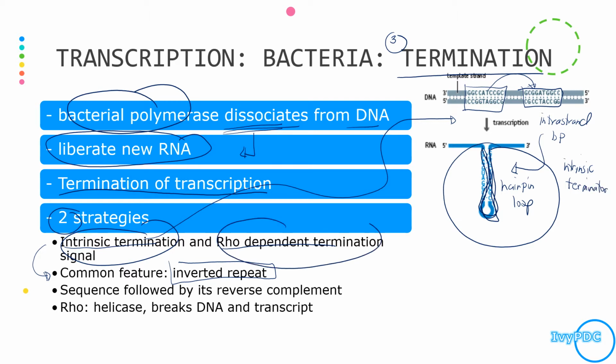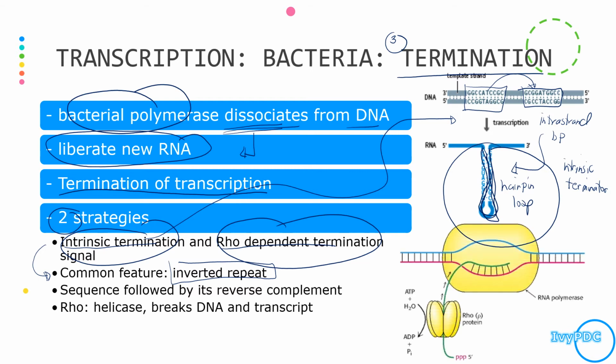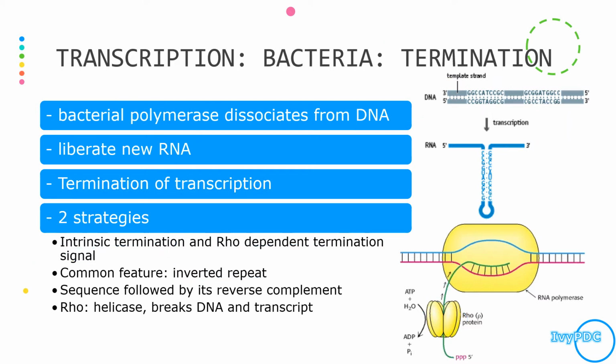The rho-dependent termination, on the other hand, uses a protein called Rho, which attaches itself to the RNA transcript. This protein will move upwards towards the RNA polymerase. Now, since this Rho protein is also a helicase, it can break the DNA and the transcript apart.